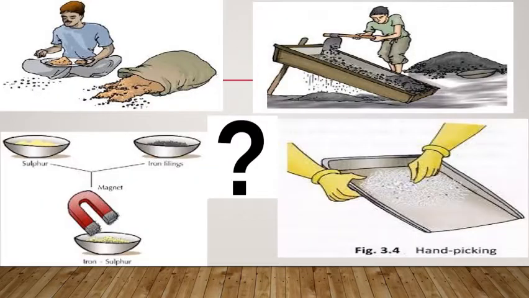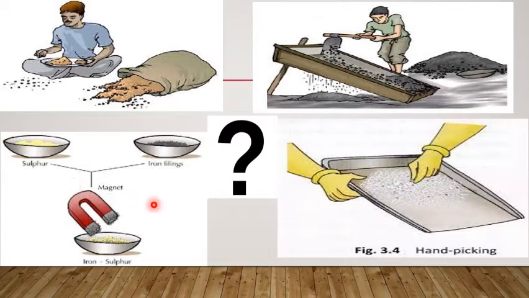Now students, tell me what you observe in this image. What do you see in this image? They are separating something. Here are a magnet, iron, and sulfur.